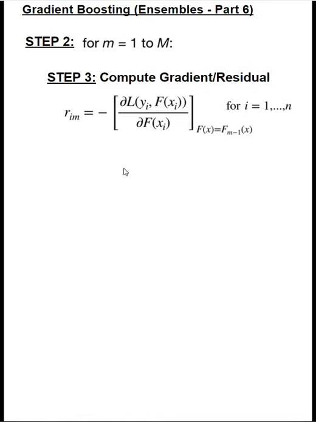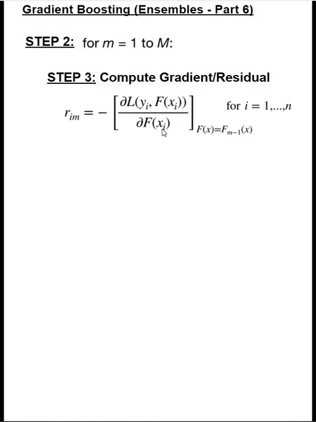Step 3 is where we are calculating the gradient. If you look at the function, this is a partial derivative of the loss function we have chosen with respect to the function that we are actually using to predict the value, which means the model which is taking in our independent features.